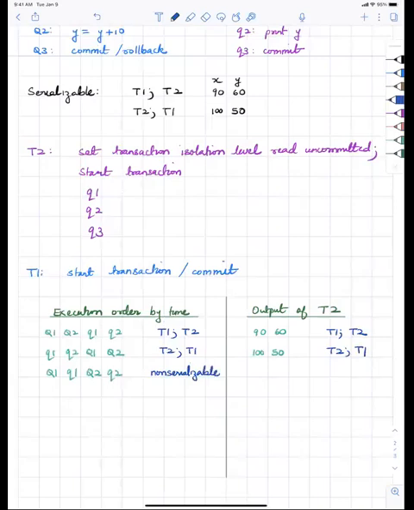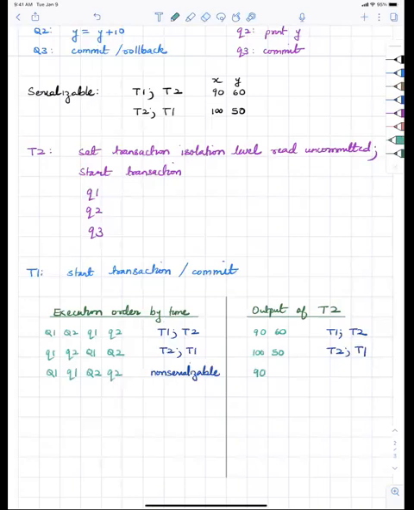So the question is, what does the output look like? In dirty reads, what happens is that you read whatever has been updated. So after the small Q1 happens, X has got updated to 90 out here.